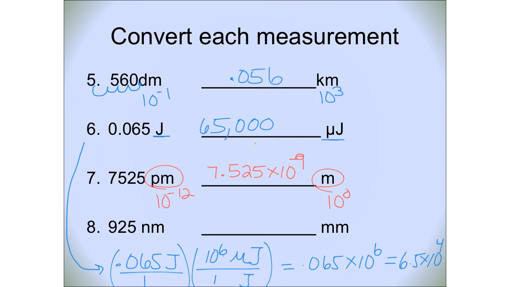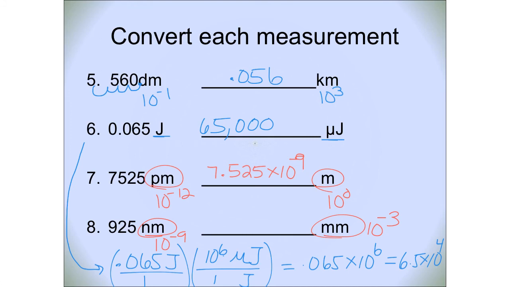All right, last one. We got 925 nanometers to millimeters. Nanometers are also very small, 10 to the negative 9th. Millimeters, still small, but much larger than a nanometer, 10 to the negative 3rd. So therefore, we will need to move the decimal 6 spots.